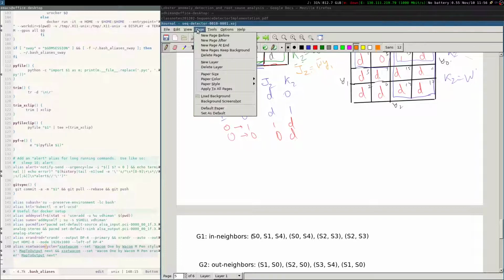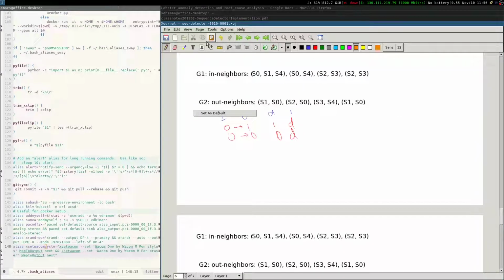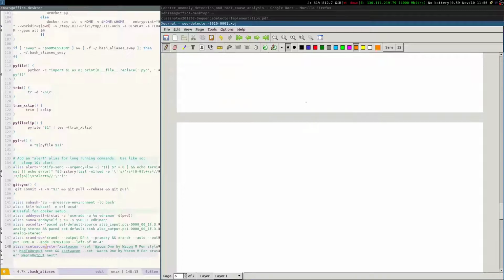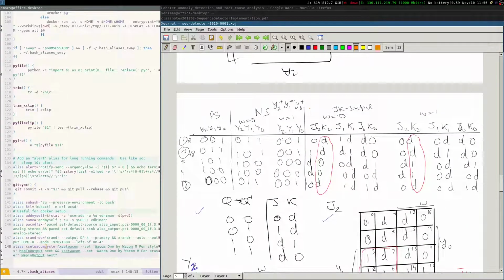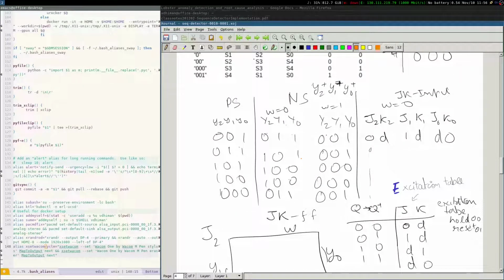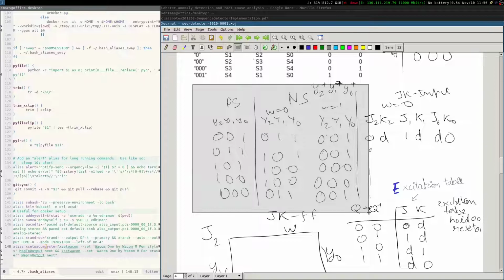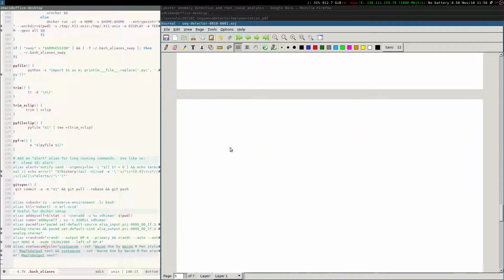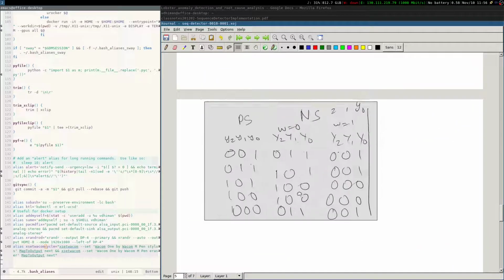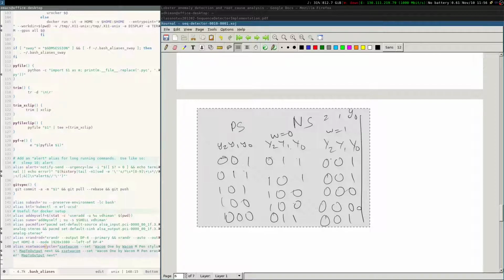So we'll try to apply these new rules to our state assigned table and see if we can do this more efficiently. So we have this state assigned map here.